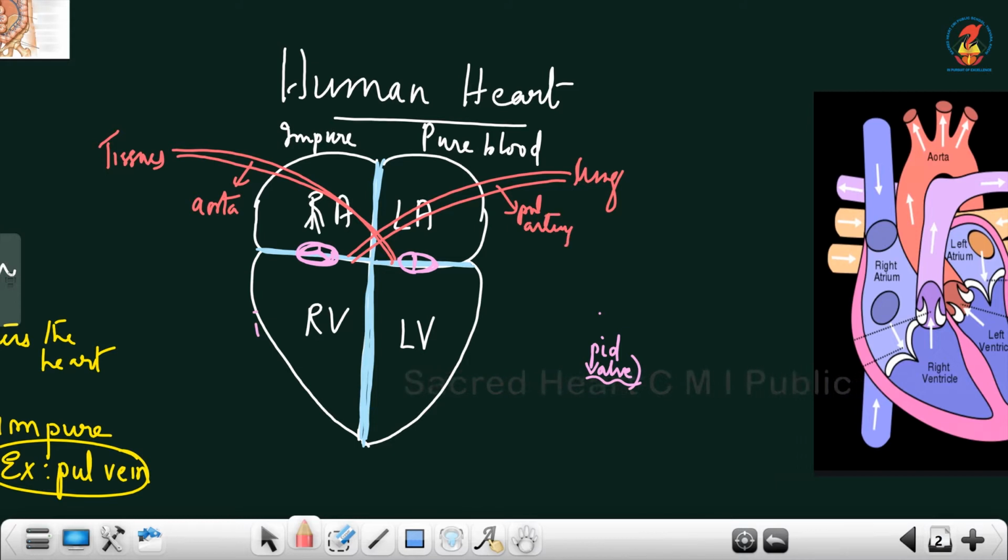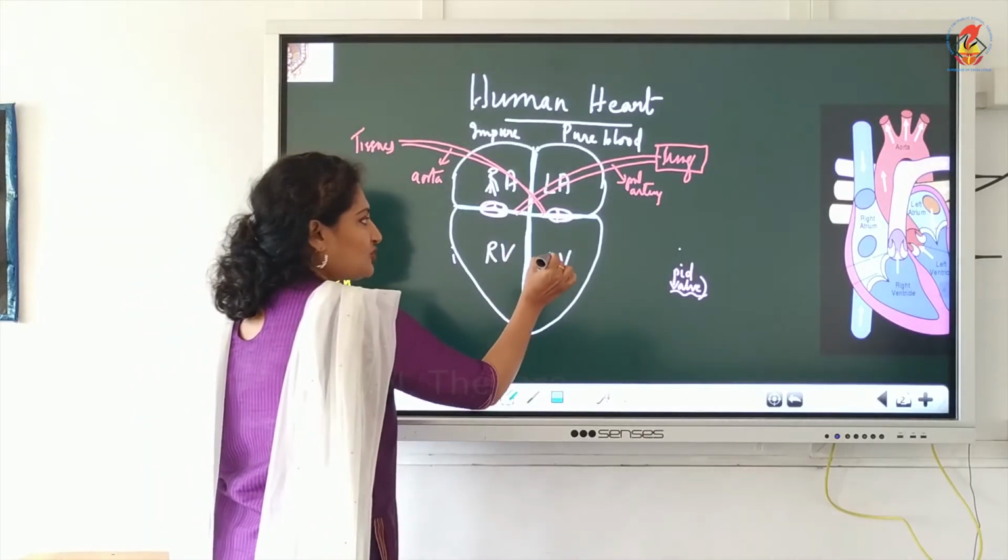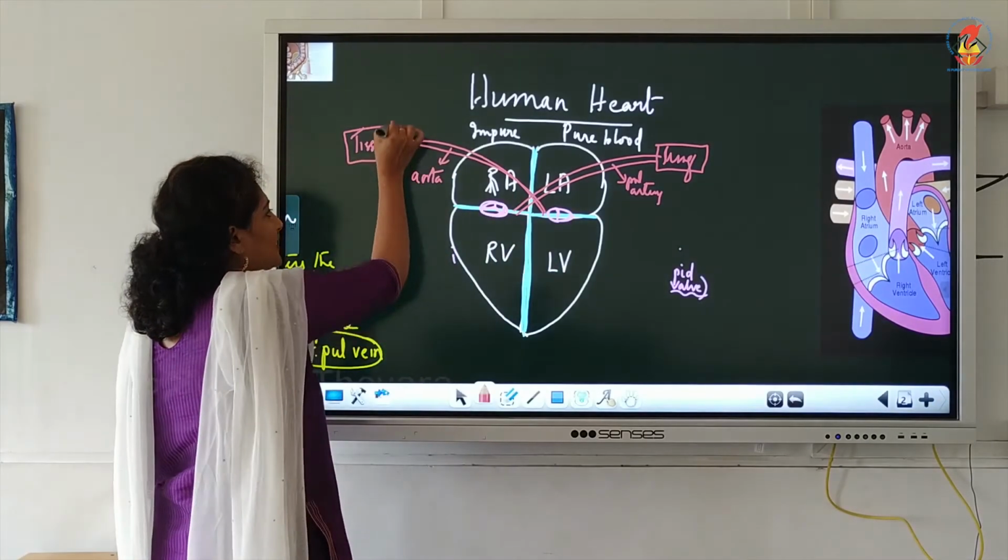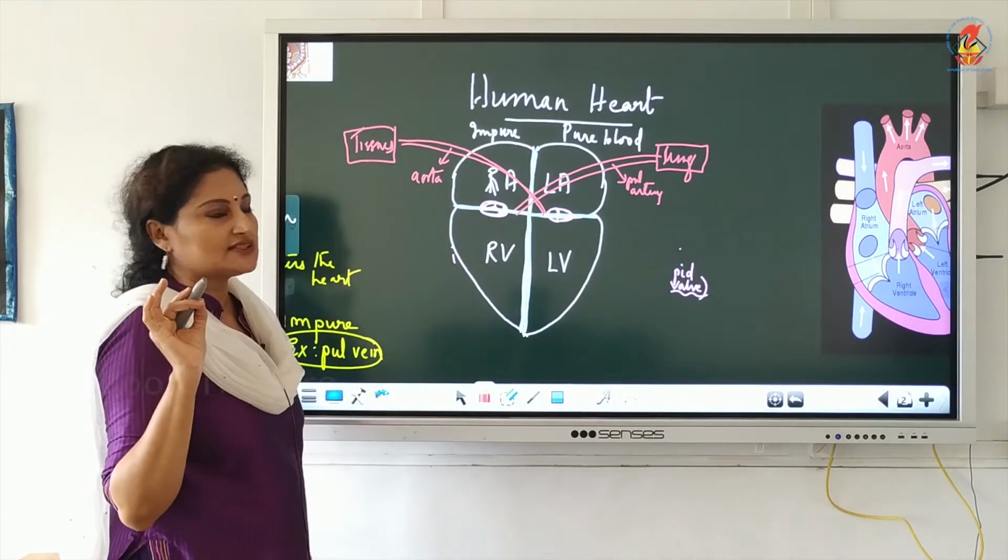So, I have indicated the arteries in pink color. The artery that arises from the right ventricle and goes to the lungs is called the pulmonary artery, and the artery that arises from the left ventricle and goes to the different tissues is the aorta. Remember, the aorta is the largest blood vessel.